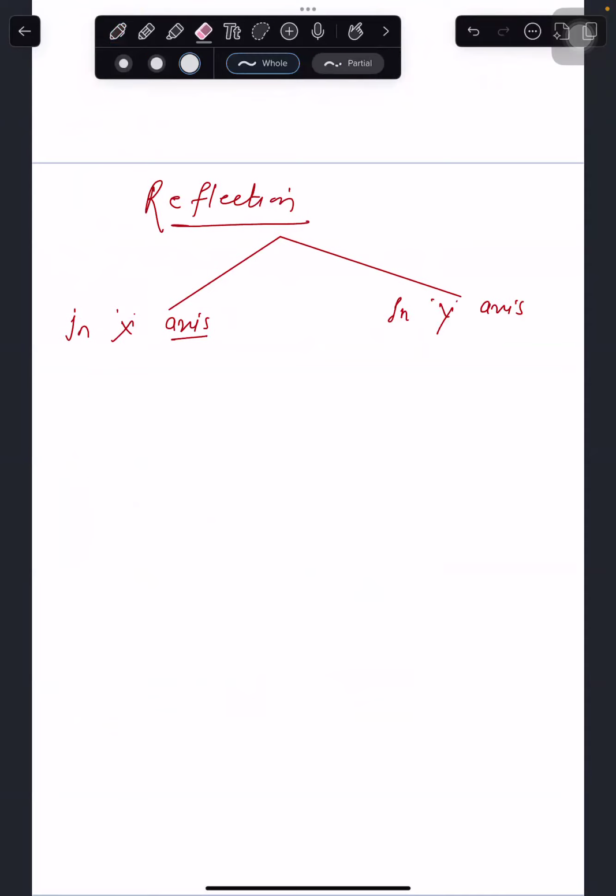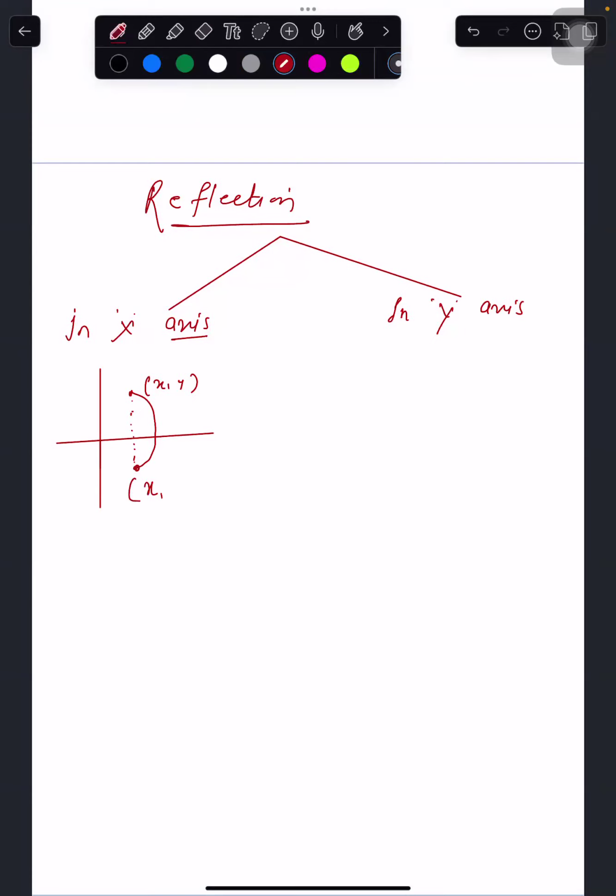Let's take the coordinate system. So let's say this is x and y. Somewhere there is a point, let's say x comma y. If I reflect in the x-axis, the image will come somewhere here. So as you can see, the x coordinate is remaining the same. So x will remain x, but what is changing? The y coordinate is changing.